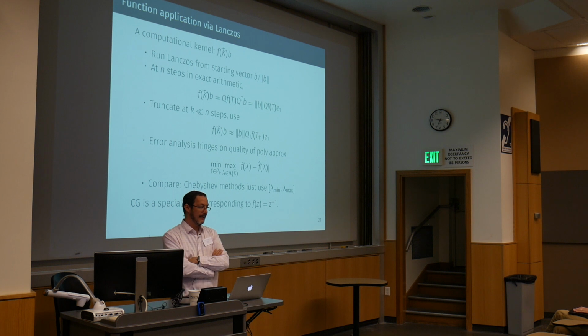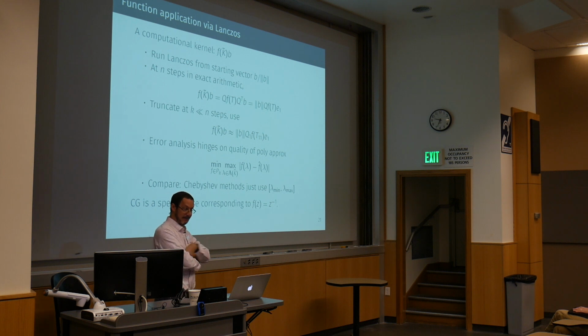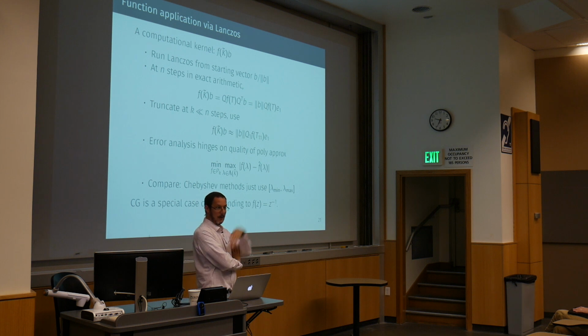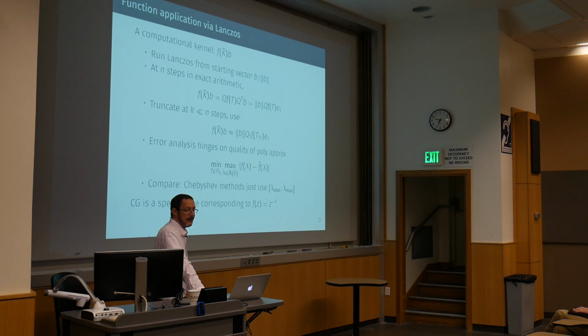So the idea for this is that we're going to effectively project everything down onto a Krylov subspace, do our function computation on that Krylov subspace, and then map back. Right? So the Lanczos iteration gives us something that looks like an orthogonal matrix times a tridiagonal times an orthogonal matrix transpose as a decomposition of our underlying matrix. So the way that we're going to do our function approximation is we've got a mapping of just that middle thing.